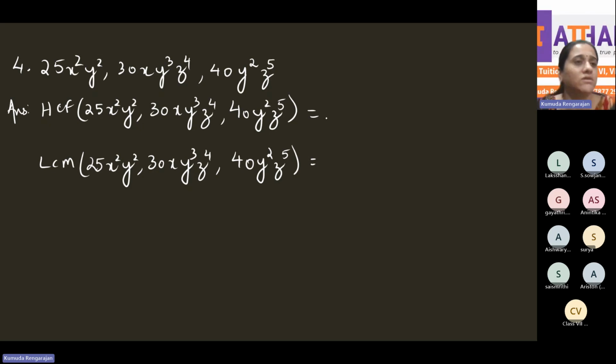Now, one more thing is, what is the HCF of the numbers 25, 30, and 40? What is the HCF of 25, 30, and 40, children? Online students, HCF of 25, 30, and 40 is?